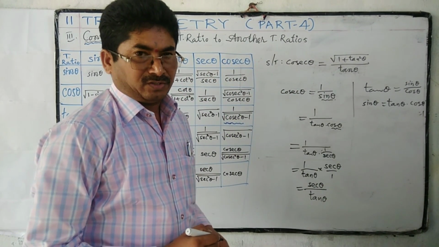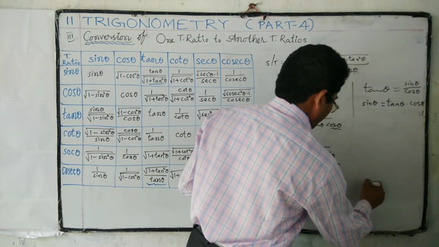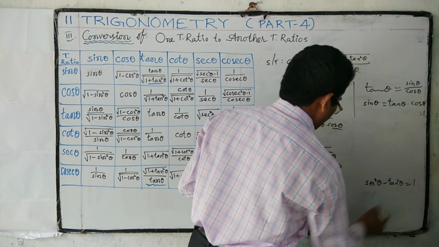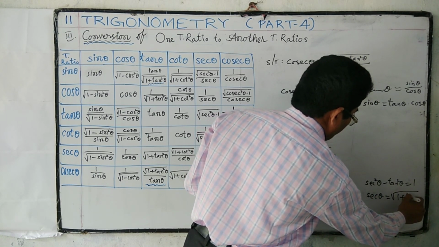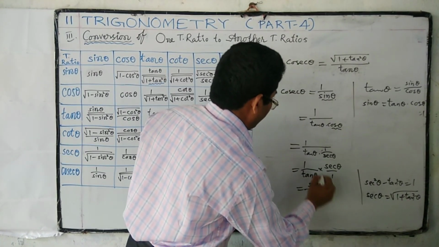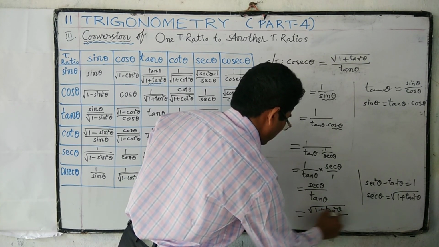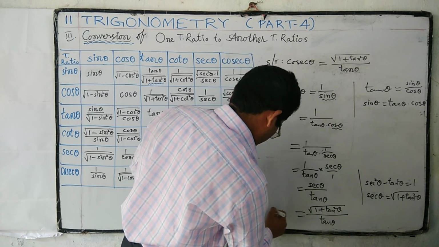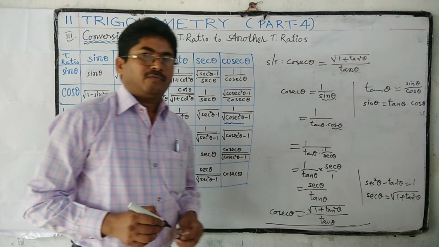We know the relation between sec theta and tan theta, the trigonometric second identity: sec square theta minus tan square theta is equal to 1. From this, sec theta is equal to under root of 1 plus tan square theta. So cosec theta is under root of 1 plus tan square theta by tan theta. Proved.